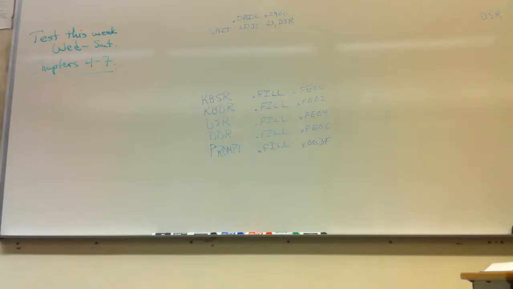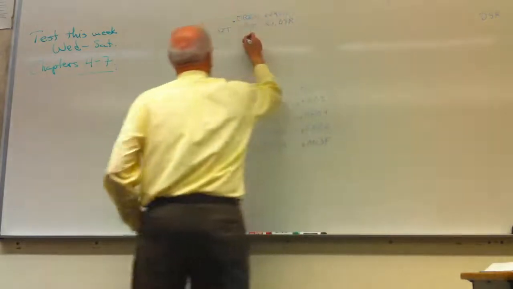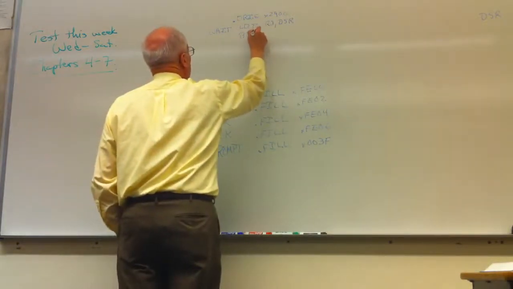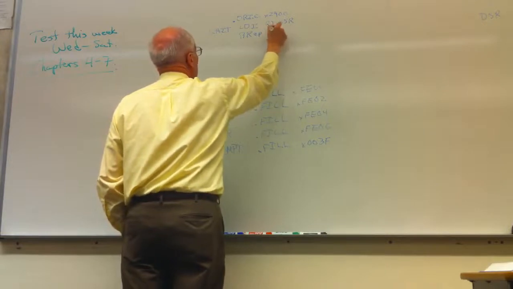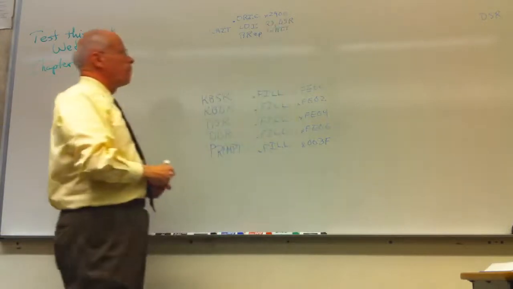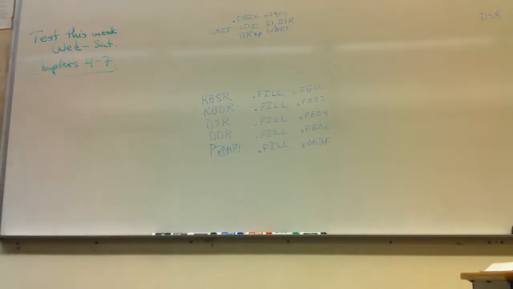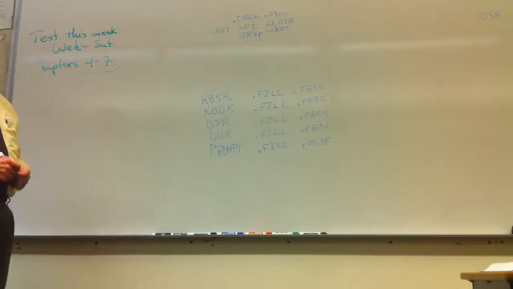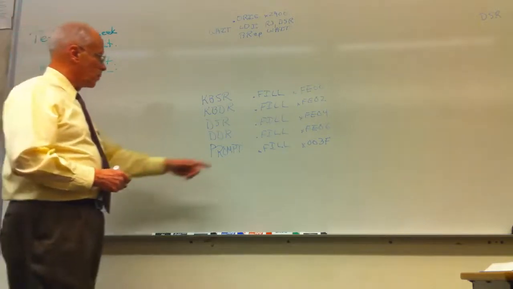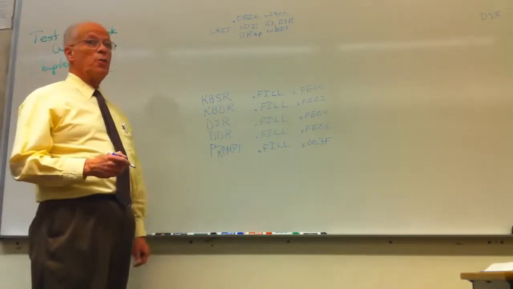Okay, so as I pull the contents of this thing into register 3, remember the load instruction is one of the ones that sets the condition codes. So I will branch if it's 0 or plus to wait. I'm just going to keep looking at that thing until I see a 1, which would make that number negative because it's the most significant bit. As soon as it comes out, I can now print my prompt.